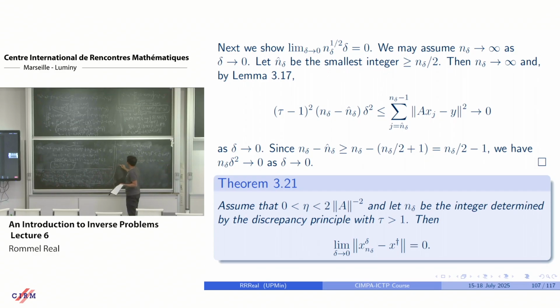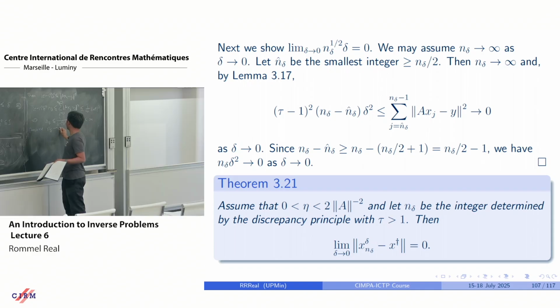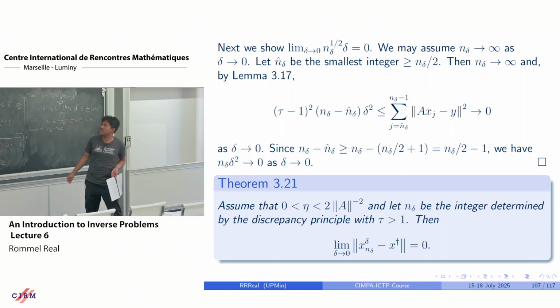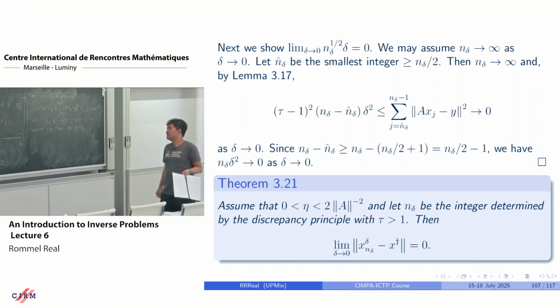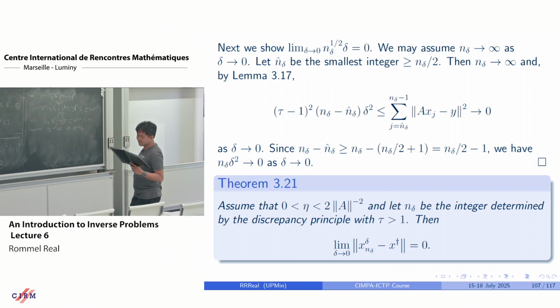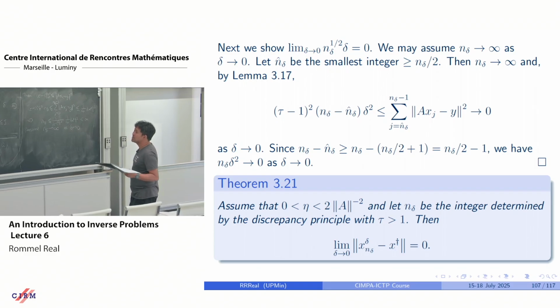Okay. So now what we will do is we'll just assume the case that the regularization parameter goes to infinity as delta goes to 0. The assumption that n delta approaches a finite number can be proven actually much simpler than this one, though it just uses the same results.